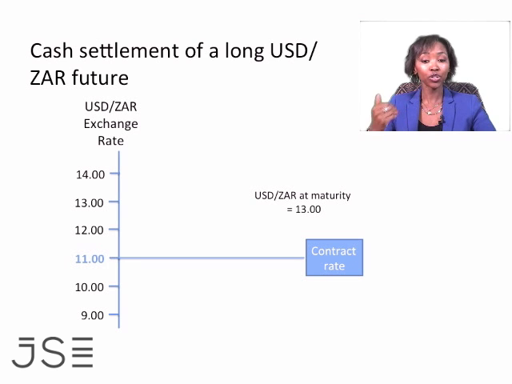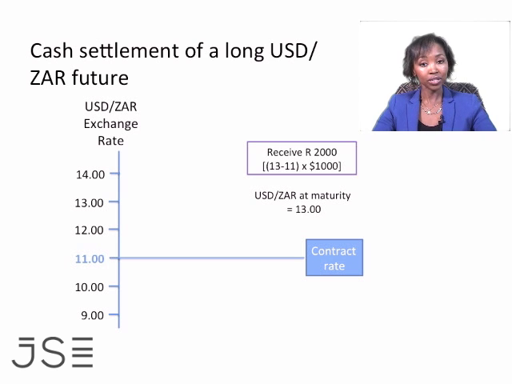So if at maturity, dollar-rand is trading at 13, you've secured a contract to buy at 11. So you're actually doing better than the market, because everyone who's trading at spot has to buy at 13, but you've got a contract to buy at 11. But because there's rand settlement and not a flow of foreign currency, what then happens is that you take the difference of the 11 rands where you've secured your contract and the 13 rands where the spot is, so that's a difference of 2 rands.